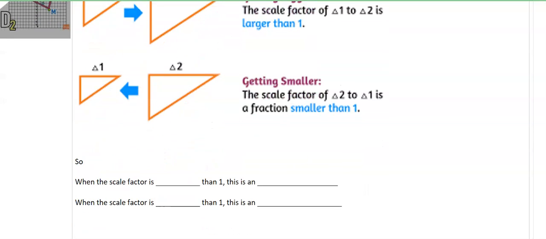So when the scale factor is greater than 1, then this is an enlargement. If the scale factor is less than 1, then it is a reduction.